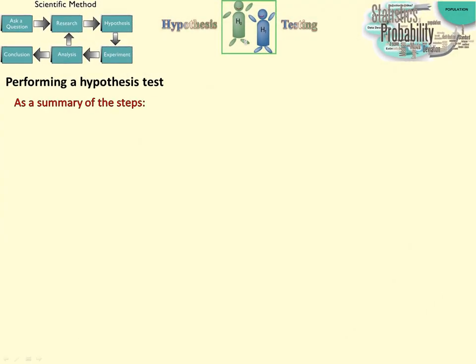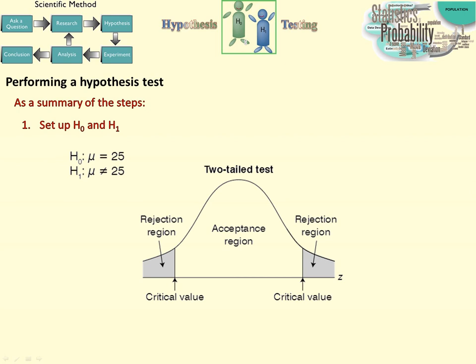So as a summary of steps, set up H0 and H1. The two-tailed test, H0: mu equals 25, H1: not equal to 25. There would be examples of two-tailed, and the rejection region is on both sides, and whatever the confidence level is, we're going to halve it.